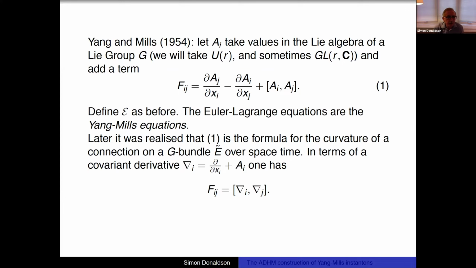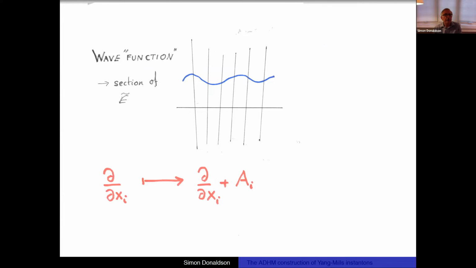In any case, I don't want to review the whole theory of connections, but let's just recall that if we think about the covariant derivative operator defined by the A's, we just take the ordinary derivative, d by dx_i, and add on a zeroth order term given by multiplication by the matrix A_i, then the curvature appears as the commutator of these covariant derivatives in different coordinate directions. Going to the next slide, not a very professional picture, I'm afraid.